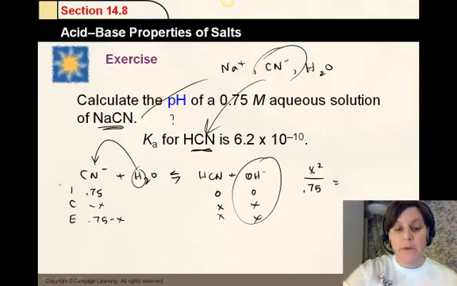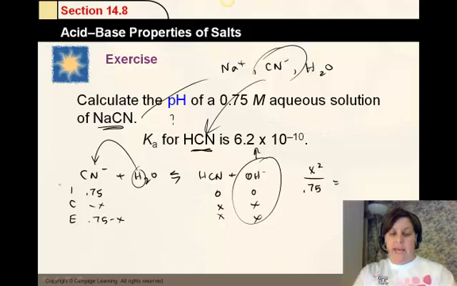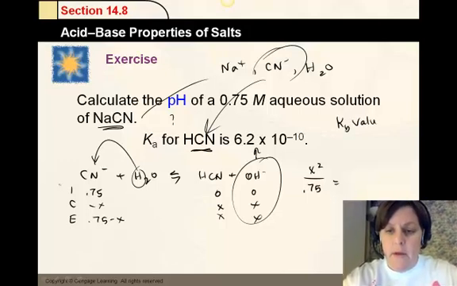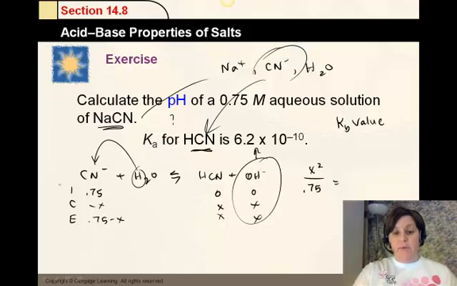So even though they tell me right here that the Ka for HCN is 6.2 times 10 to the negative 10, that's not so helpful because I can't use that number. I actually have to use Kw to figure out the Kb value for this reaction and then put it here.